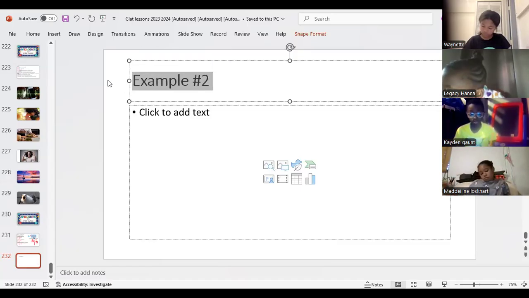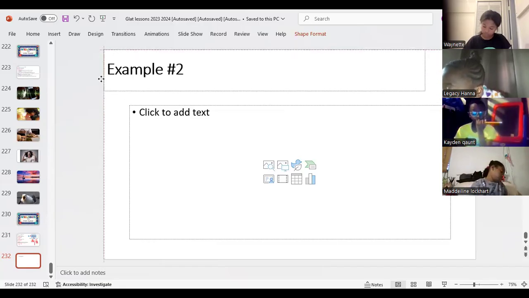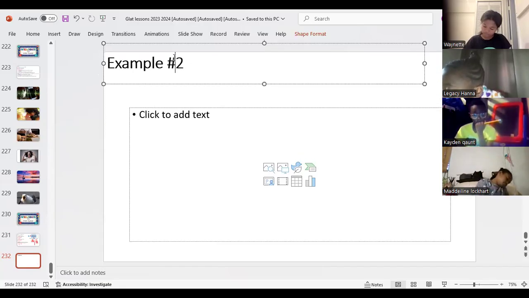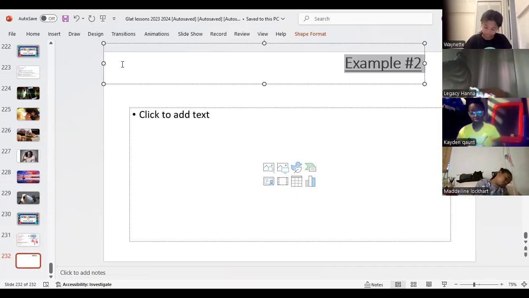Example number 2. We have to draw our underline, red, all right, let's put this over.